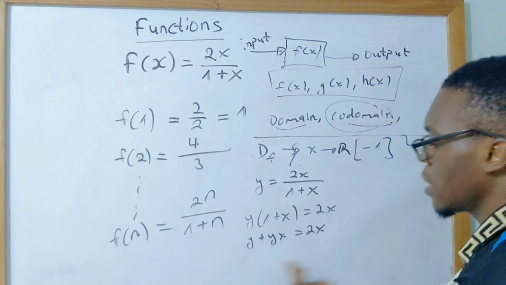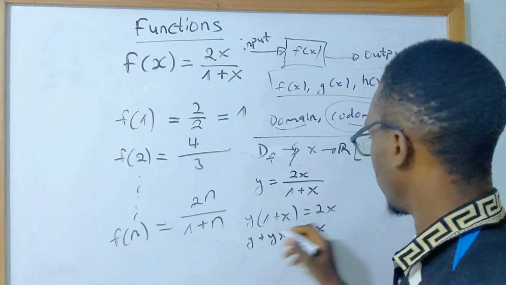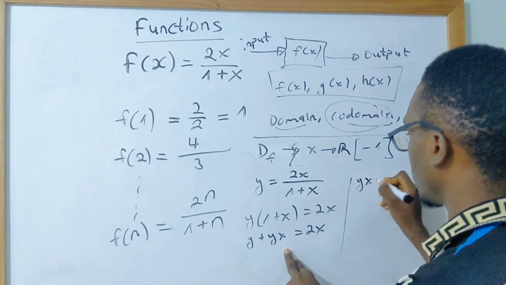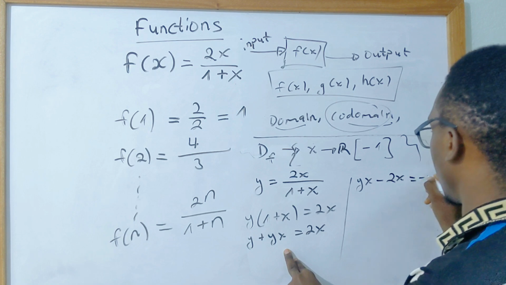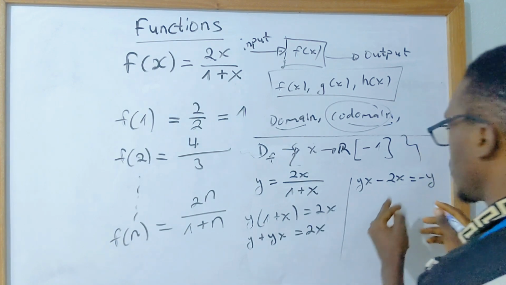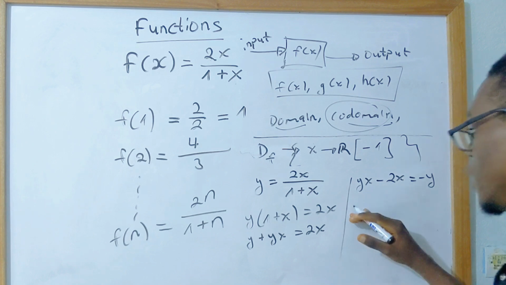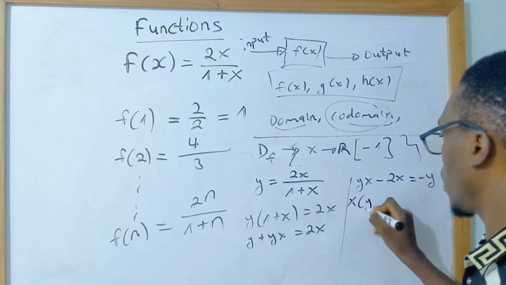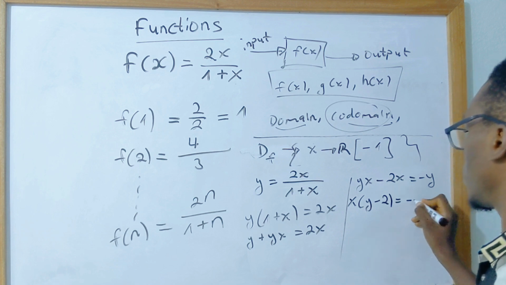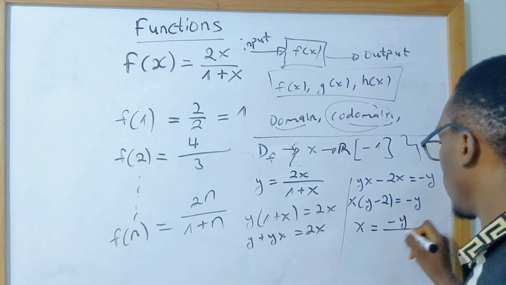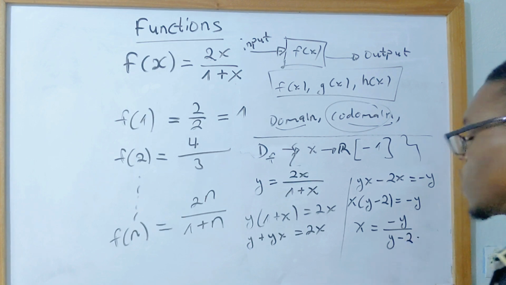You can send this on this side and this on this side to have what? yx minus 2x equals to minus y. Therefore, x into y minus 2 is equals to minus y. Therefore, x is equals to minus y over y minus 2.